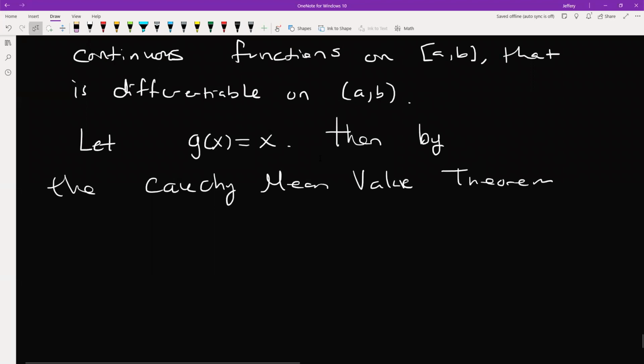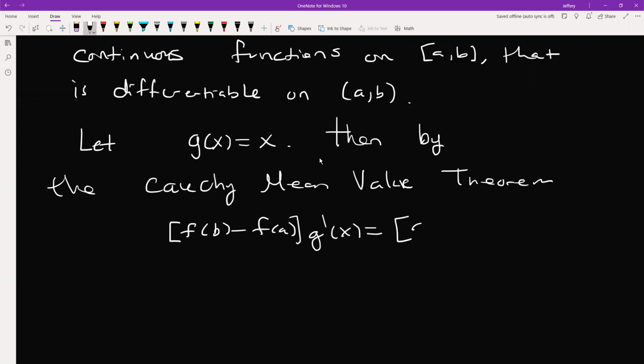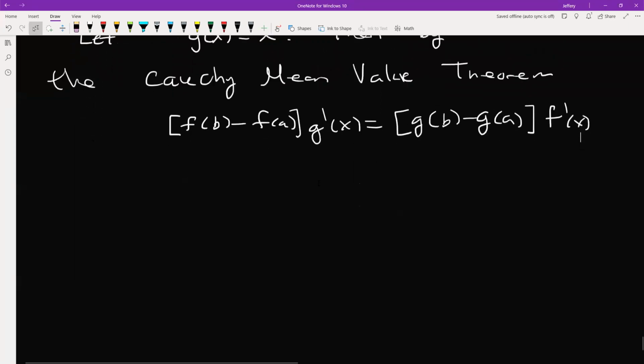this is just like a casual sort of tutorial, so I don't mind it. So then by the Cauchy mean value theorem, we have f of b minus f of a times g prime of x is equal to g of b minus g of a times f prime of x. And now let's look at what g is.